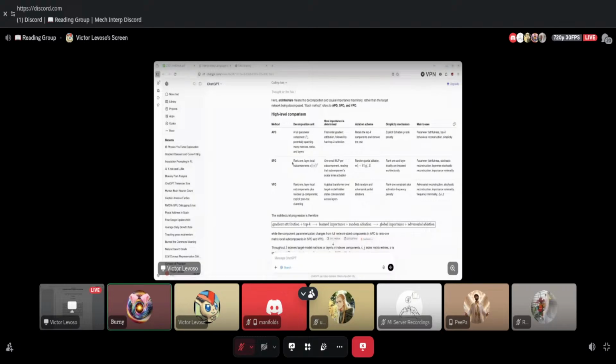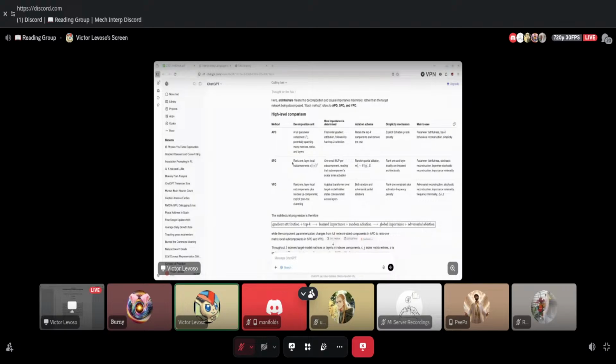Parameter behavior, reconstruction, simplicity. Stochastic reconstruction, layer-wise stochastic reconstruction, importance, minimality. Layered importance plus random ablation. Global importance plus adversarial ablation. The thing I'm curious about with the third one is what is this activation frequency penalty? What is activation in this context?